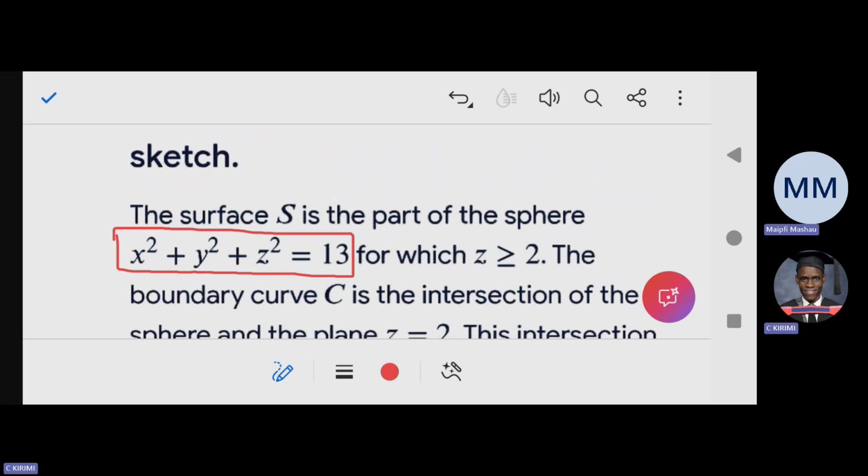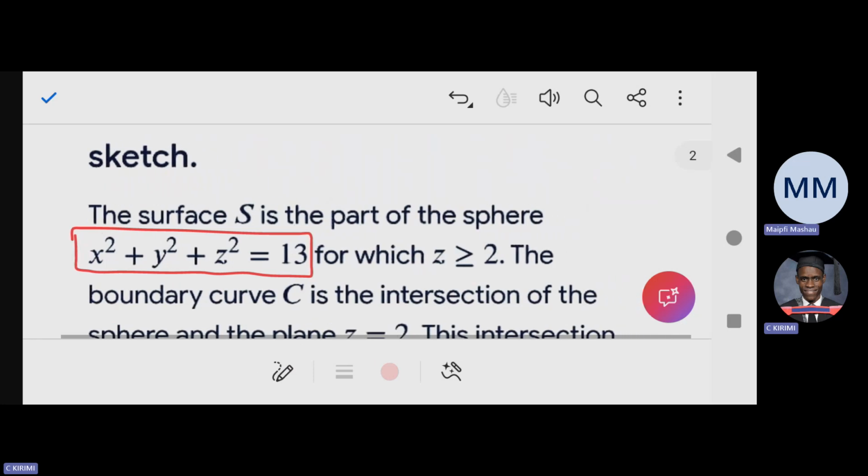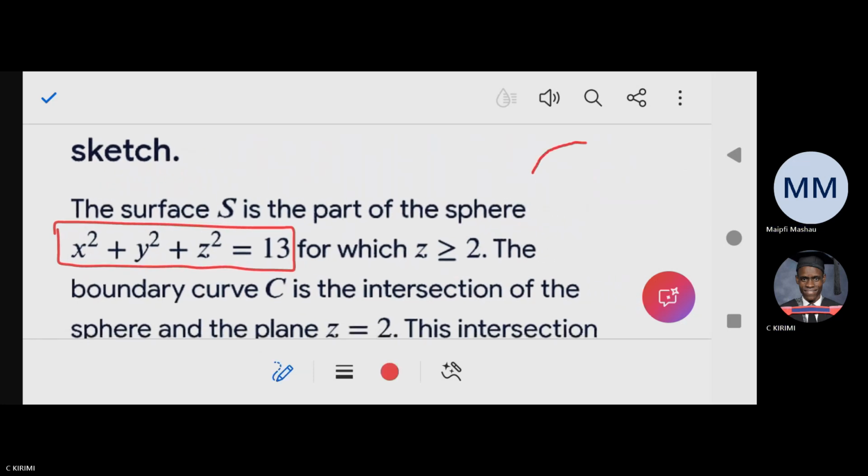And for that sphere, we are only taking z greater than or equal to what? To 2. Which means we are not including the inside of that sphere, only the upwards part of that sphere. Remember, z is going upwards. So we are only taking from z equals 2 going onwards.